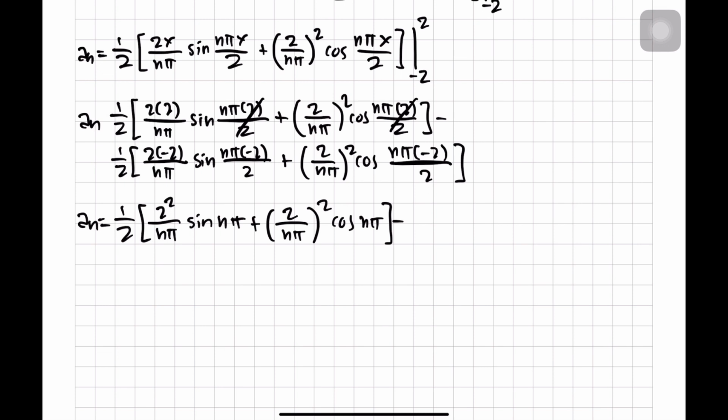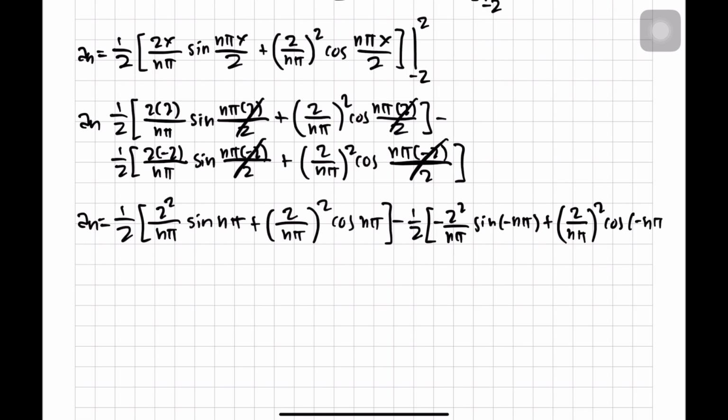Minus, I'm going to do this at the bottom, so we have the 1/2, 2 times 2, that's negative 2 squared, basically negative 4. Okay, and then sine, cancel, but we should put the negative, and n pi. Plus 2 over n pi squared cosine, cancel, and that's negative n pi.